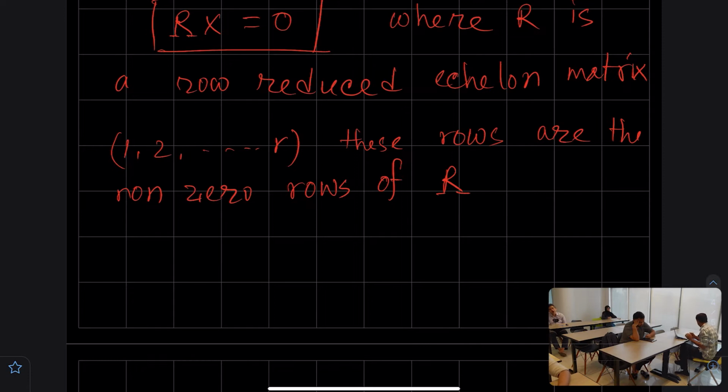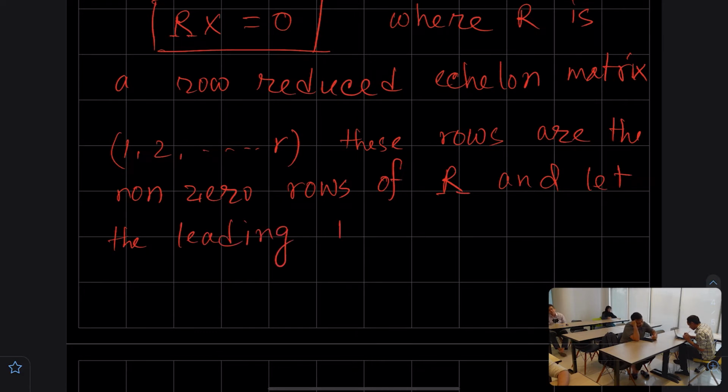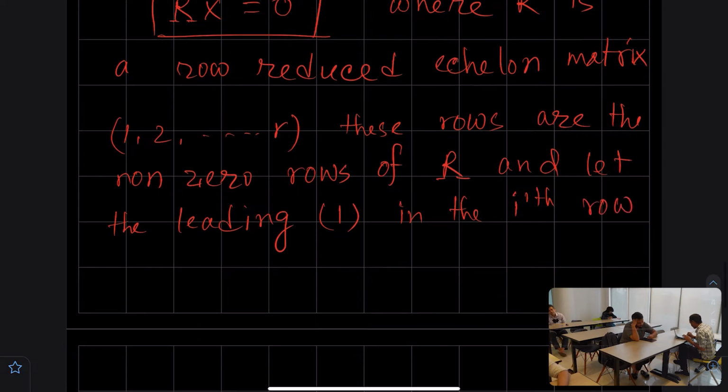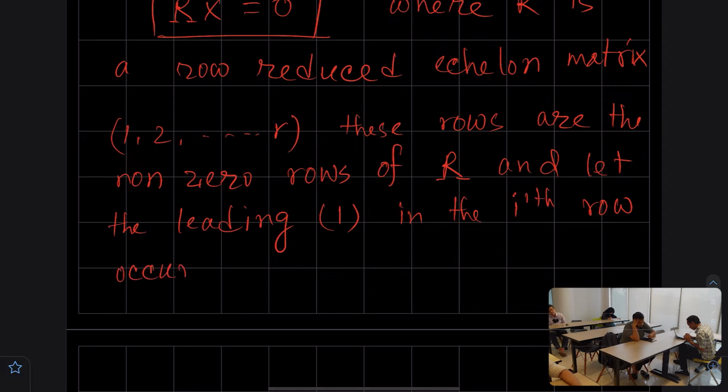And let us consider that the leading one in the ith row occurs at the kth column.